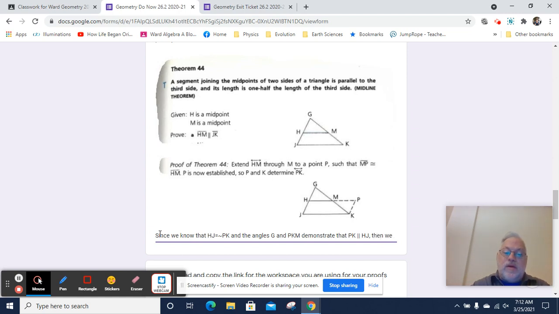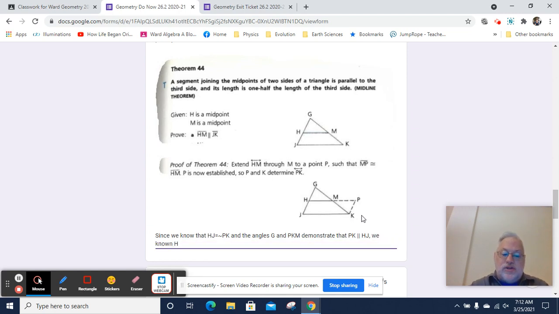Then we know, so all of that gives us the parallelogram HJKP. So opposite sides that are parallel and congruent for a quadrilateral make that quadrilateral a parallelogram. So we know HJKP is a parallelogram because opposite parallel and congruent sides make a parallelogram.